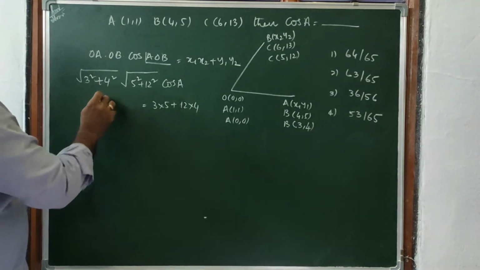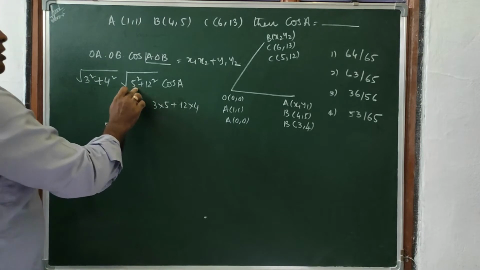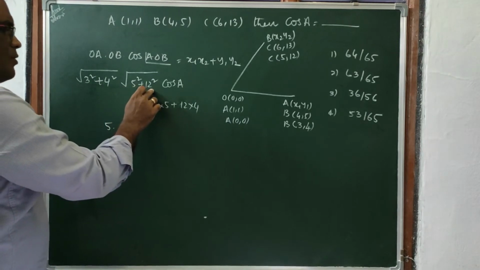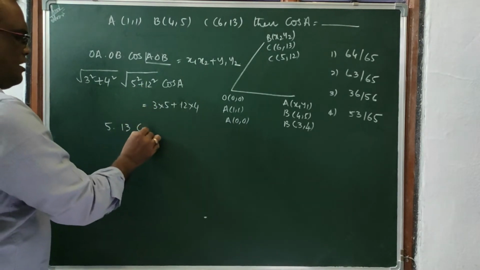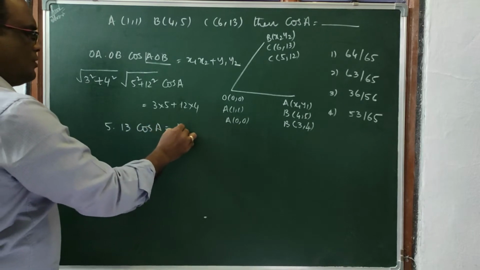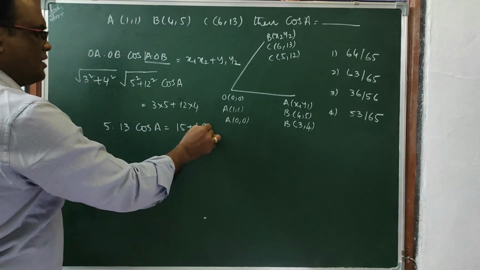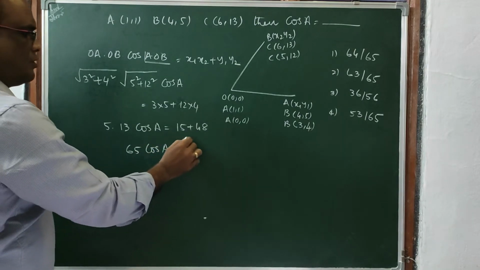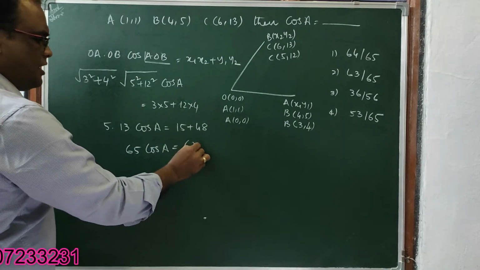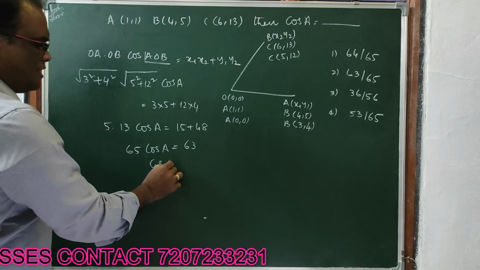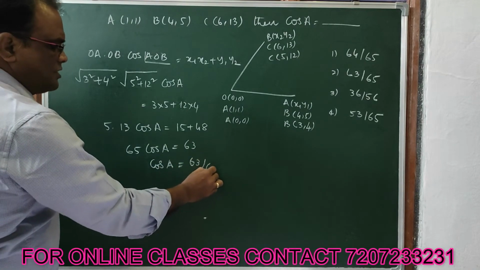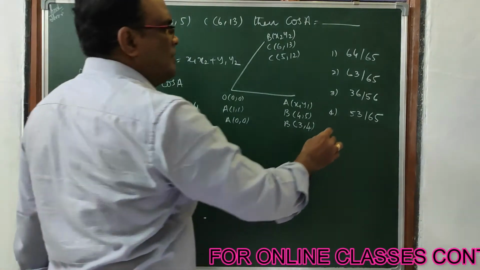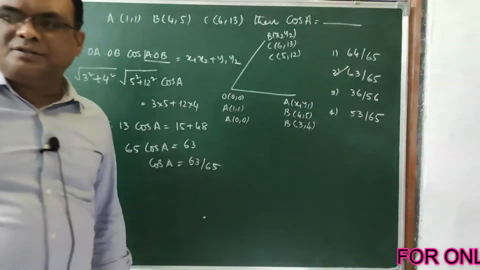So this is 15 + 48 over √25 × √169, which is 5 × 13 = 65. So cos A is equal to 63/65, that is the second choice.